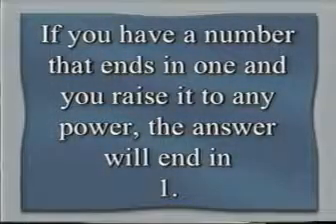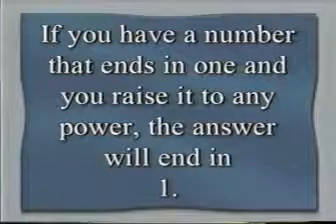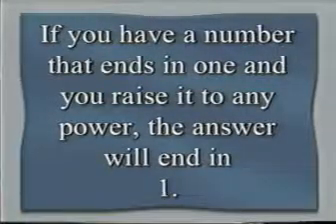The same can be said for the powers of 1. 1 to any power is 1, so therefore the sequence will be 1, 1, 1, 1. But this does raise an important point, that if you have a number that ends in 1 and you raise it to a power, the answer will also end in 1. And of course, if you have a number that ends in 0 and you raise it to a power, that answer will have a 0 in the last place.